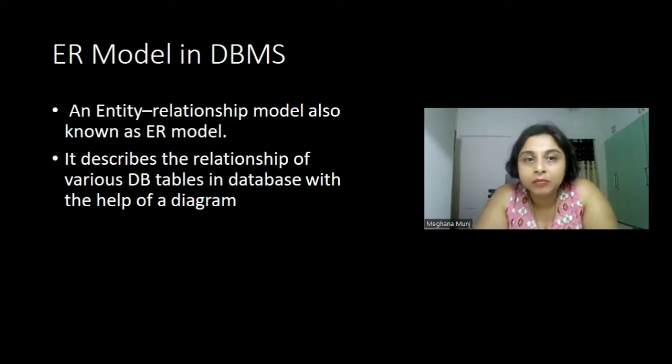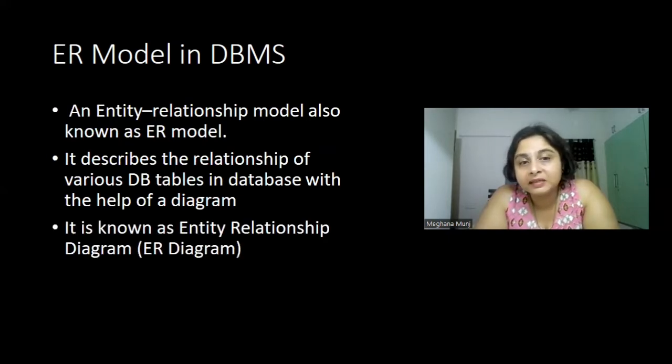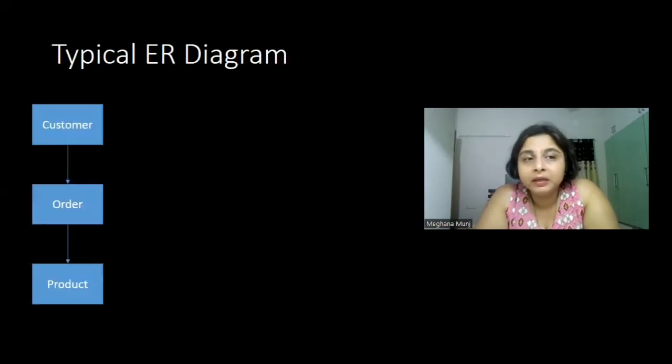The ER model describes the relationship which the various tables have with each other. It is also known as an entity relationship diagram, and that forms the core of the relationship between the database tables.